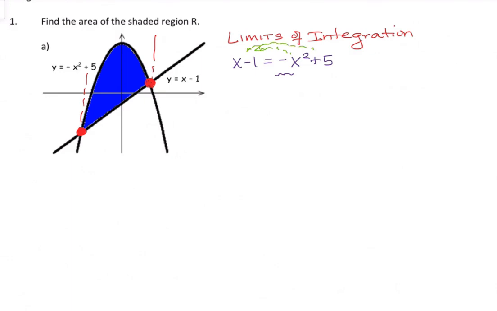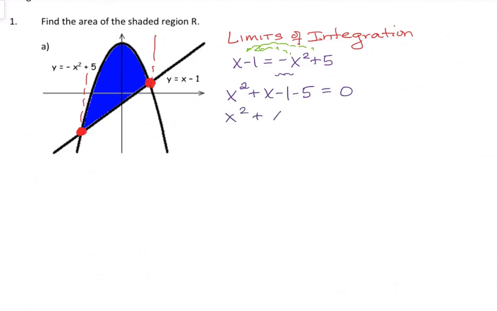So I'm going to move that minus x squared and the plus 5 to the left side of the equal sign so that I get a positive coefficient on my squared term. So that's going to give me a positive x squared. I still have the plus x and the minus 1. And when I move the 5, it becomes minus 5 on the left. And now it's set equal to 0.